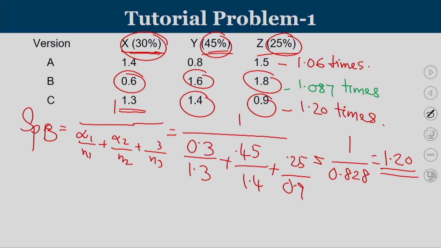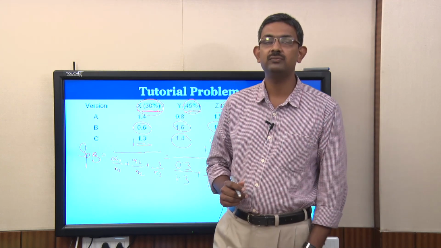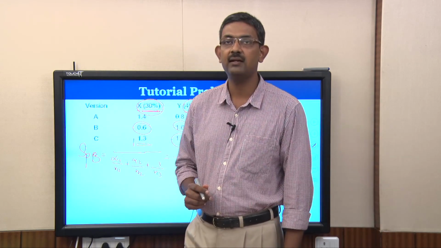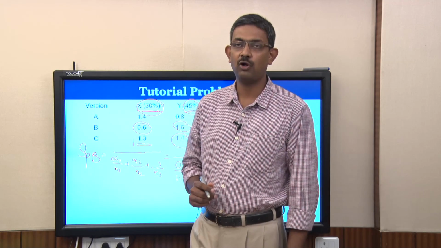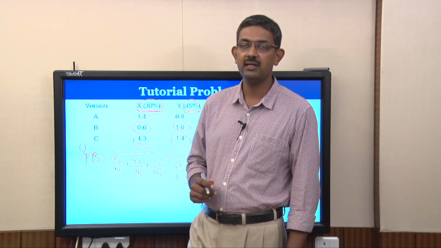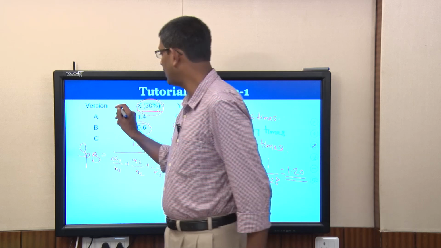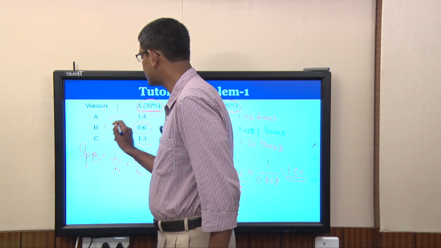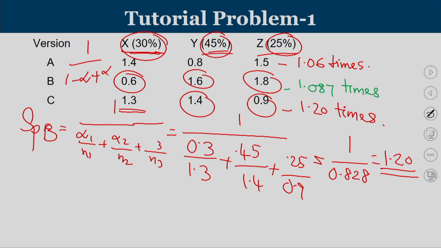So, this is a standard application of Amdahl's law. We have learned in Amdahl's law that the speed up that you are going to obtain is given by the equation 1 by 1 minus alpha plus alpha by n.